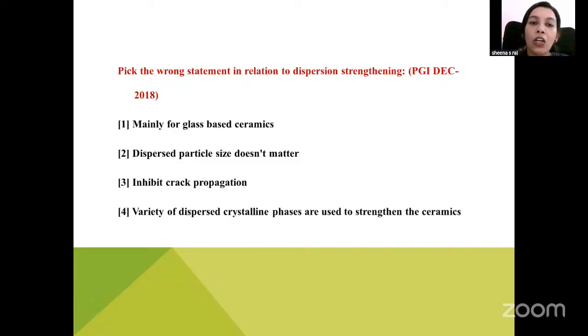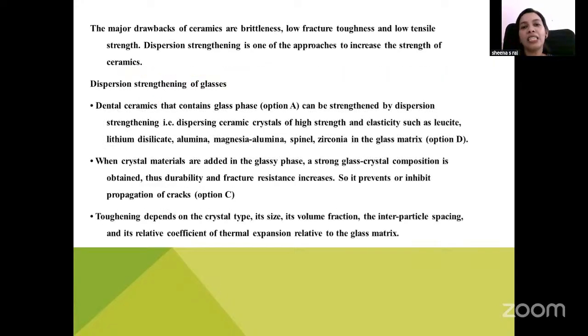Pick the wrong statement in relation to dispersion strengthening. Before answering this question, it is very important to know what dispersion strengthening is. We know that ceramic is often brittle and has low fracture toughness and low tensile strength. So in order to increase the strength of ceramic, we do a procedure called dispersion strengthening.